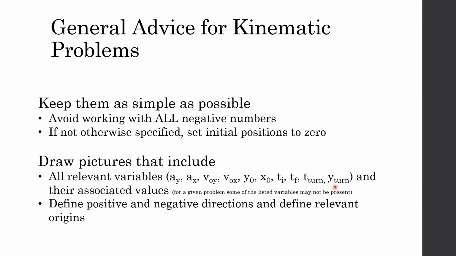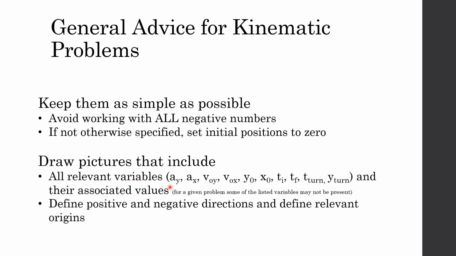And then don't just label the values by themselves, actually write in what their values are, right? Most of the time you're going to get that a_x is equal to 0. Typically there is no horizontal acceleration, but still report that the acceleration in the x direction is equal to 0. This is really helpful, especially when you're drawing a picture, because you'll have labeled your origin so you know which directions are positive and negative.